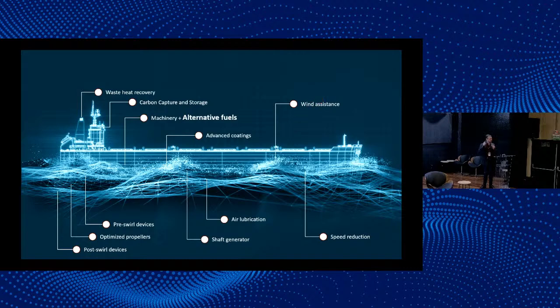You maybe know the rotor sails that Vale, a Brazilian company, implemented in some of its ships. We have advanced coatings, carbon capture and storage, waste heat recovery, and finally also alternative fuels. That is one of the options that we have to reduce the emissions to zero.